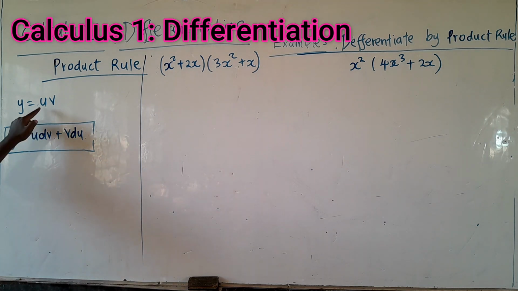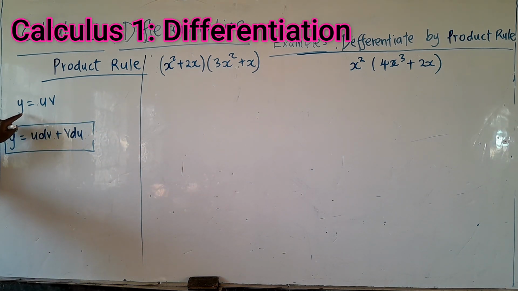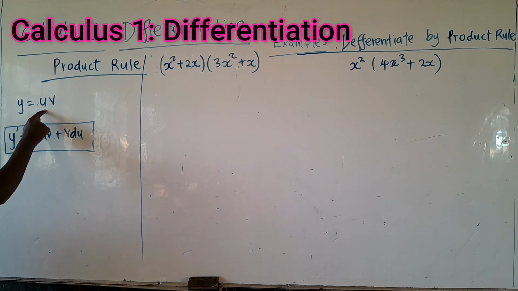Now, if you have two functions, y equals uv, that is the function of y with respect to x. These two functions are with respect to x. The first function is u, the second function is v.